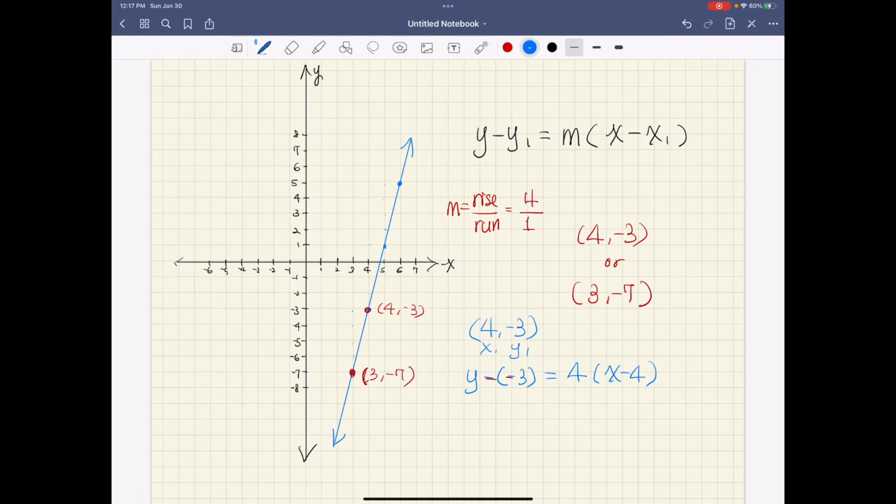So it is y plus 3 is equal to 4 times x minus 4. Now, if I use 3, negative 7, then it's y minus negative 7 is equal to 4 times x minus 3. So y plus 7 is equal to 4 times x minus 3.